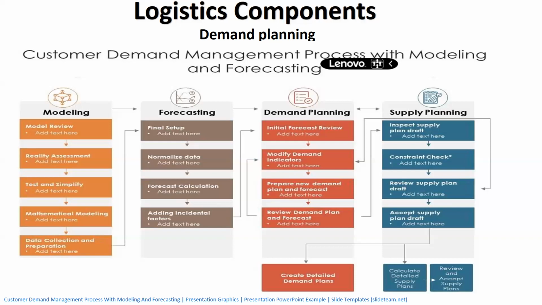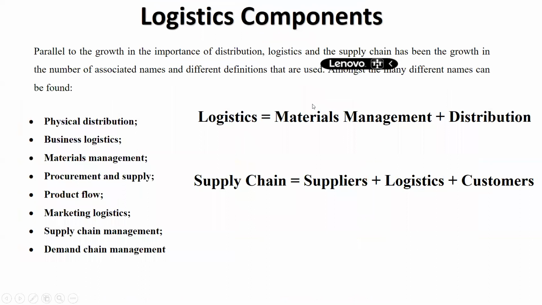So customer demand planning is very, very key. And it involves modeling, forecasting, demand planning, and the demand planning takes into consideration whether the supplier has the raw materials or not. So that is also another thing that we need to consider.